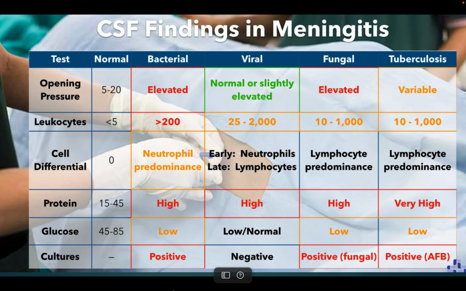So by and large, we may remember: sugar which is less, proteins which are high, and cells which are high. There can also be a high leukocyte count, even more than 1000 at times. As compared to that, in viral meningitis, the opening pressures can be normal or even slightly elevated.